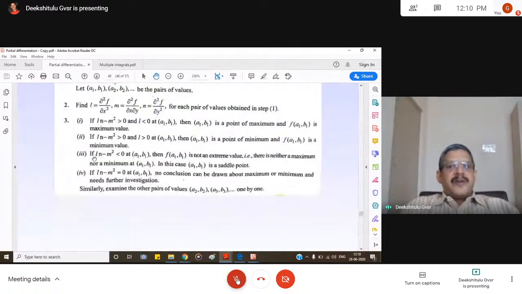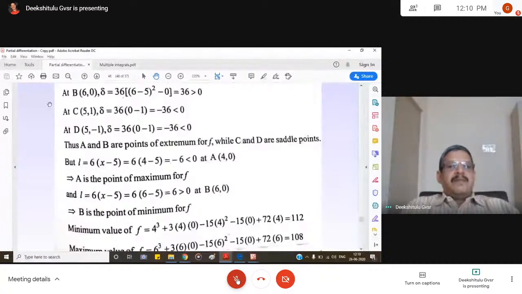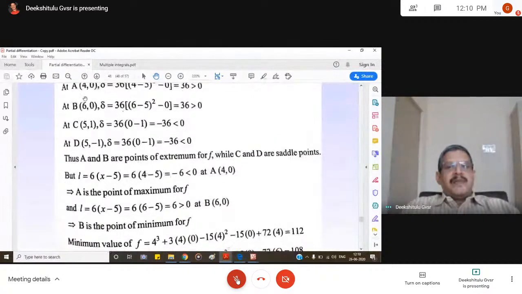What is a saddle point? Whenever ln minus m square is less than 0, it is a saddle point. So that means C and D are saddle points. We have nothing to do with this. Now we concentrate on A and B, for which ln minus m square is positive.